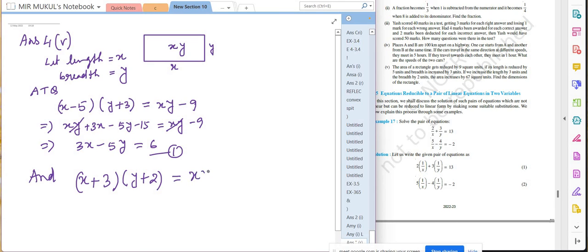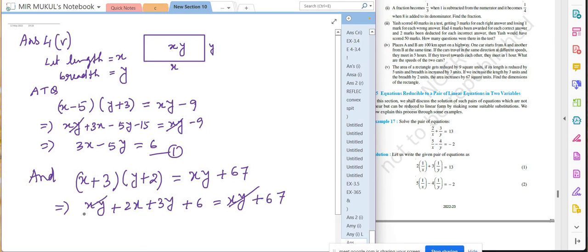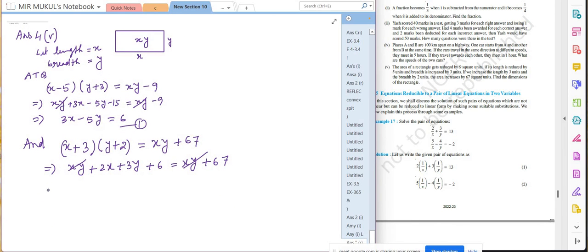Multiply: xy plus 2x plus 3y plus 6 equals xy plus 67. Cut xy. Then 2x plus 3y equals 67 minus 6, which is 61. So this is the second equation.